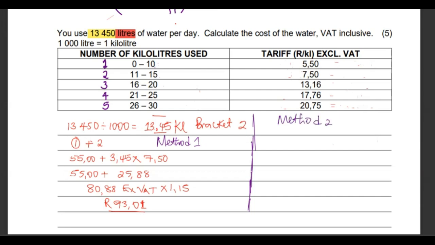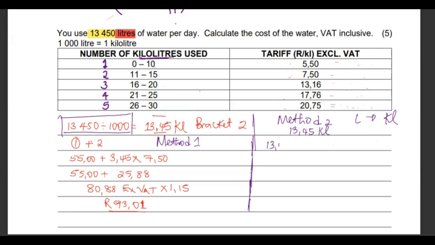Still method 2, first and foremost, we need to change the liters that we have to kiloliters. Why? Because the table is dealing with kiloliters. It's not dealing with the liters. Kiloliters, 1,000 liters. So we found out that the 13,450 liters are equivalent to 13,45 kiloliters.